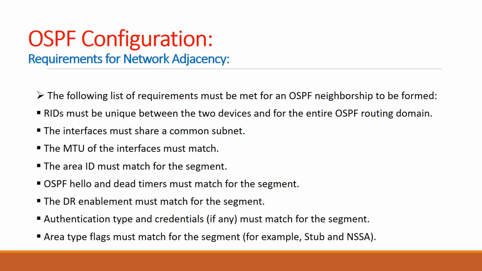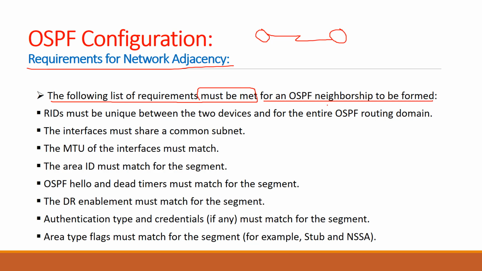Let's discuss what the requirements for network adjacencies are. If we have a router here and a router here, and they are OSPF routers, and they need to be OSPF neighbors, what are the requirements for the network adjacency on this link? The following list of requirements must be met for an OSPF neighborship to be formed.